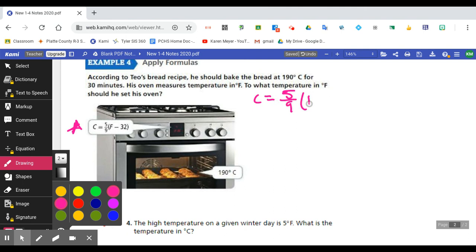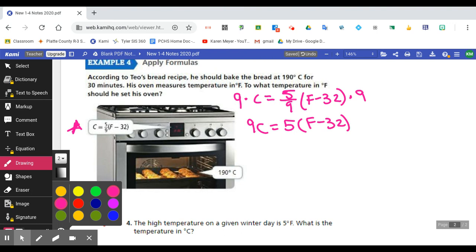So in this formula, the first thing I see is a fraction. So instead of the distributive property, I don't want to do distributive property. I'm actually going to just get rid of my fraction. So get rid of a dividing by 9. So I'm going to multiply both sides by 9. And then once again, I don't want to use distributive property.